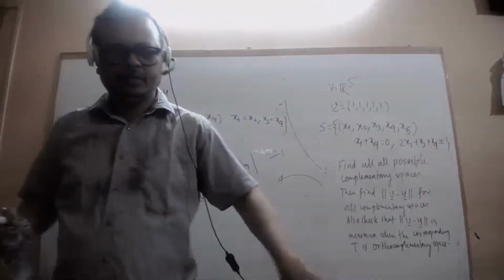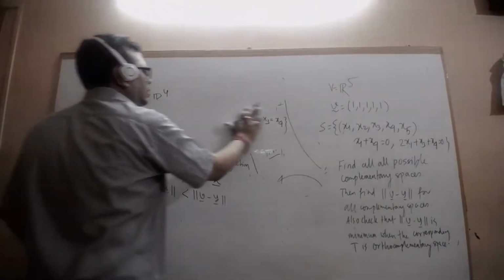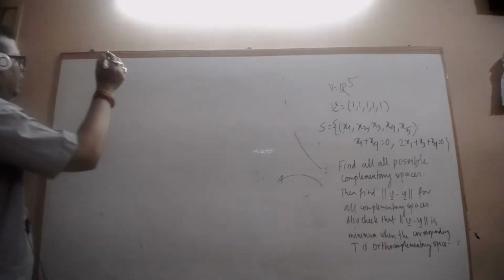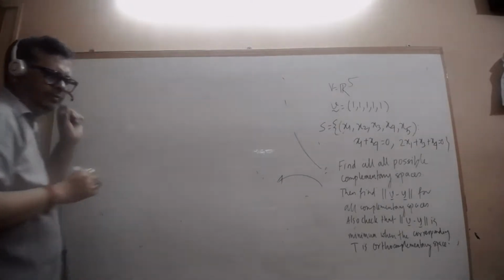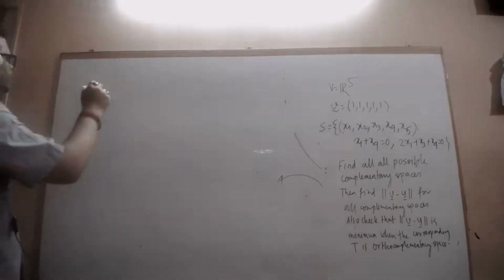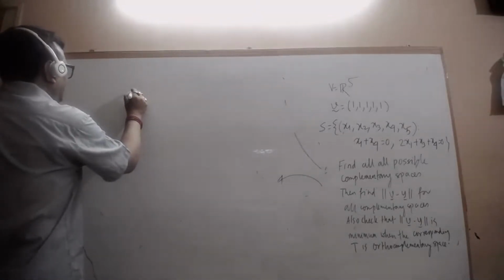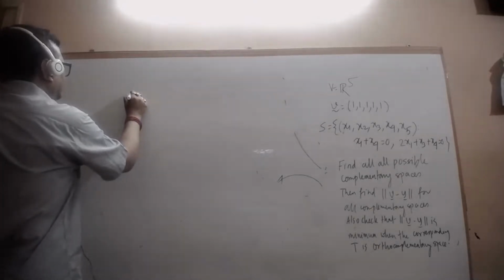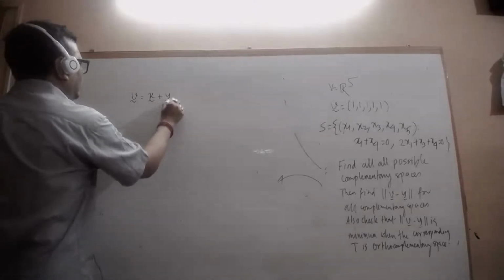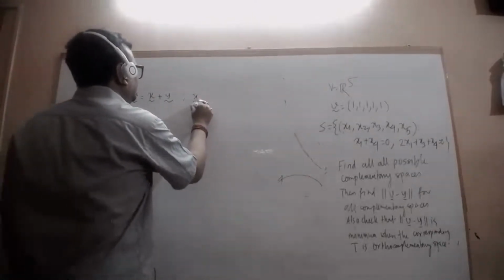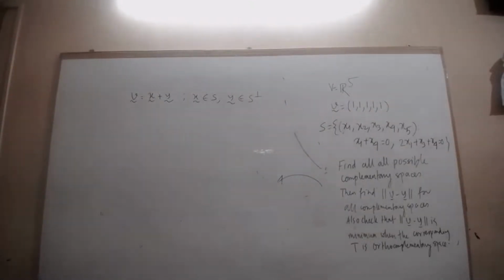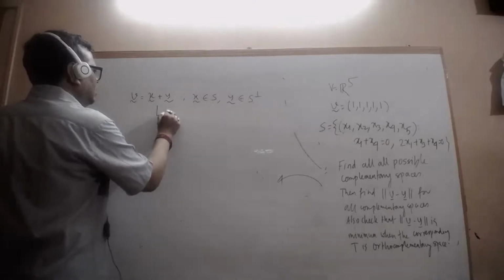And last, the representation of vector v curve as x curve plus y curve, where x curve belonging to S, y curve belonging to orthocomplementary space, this decomposition is unique.